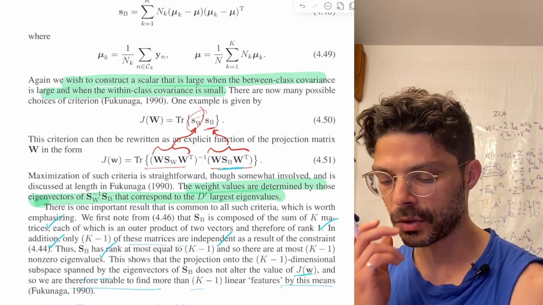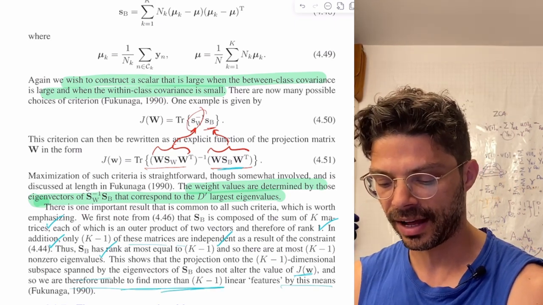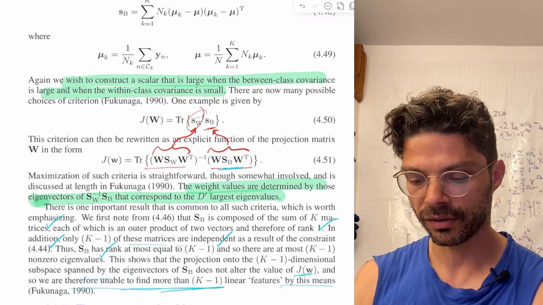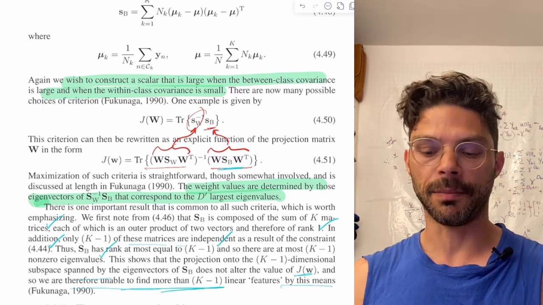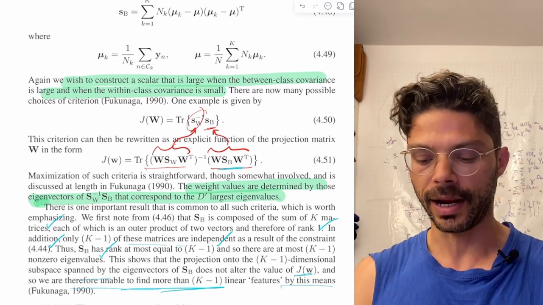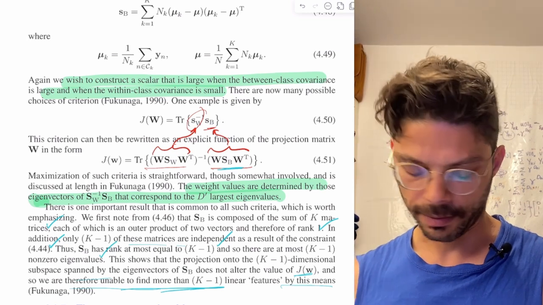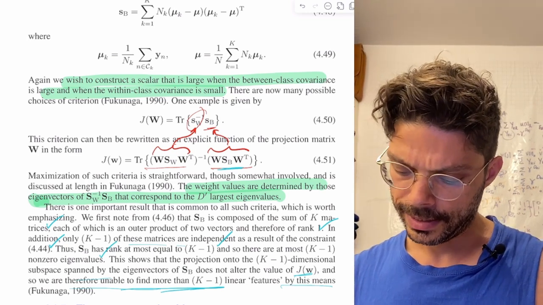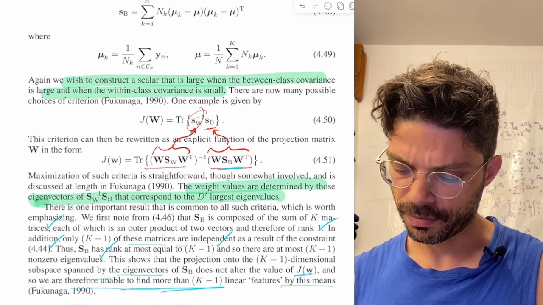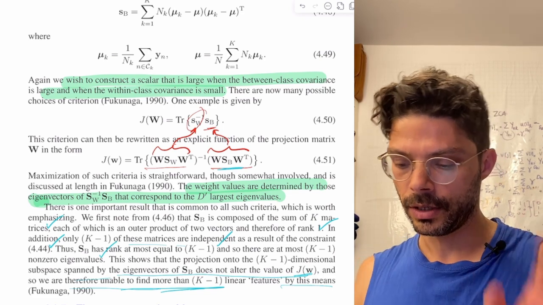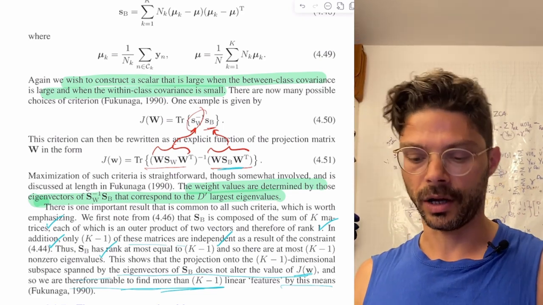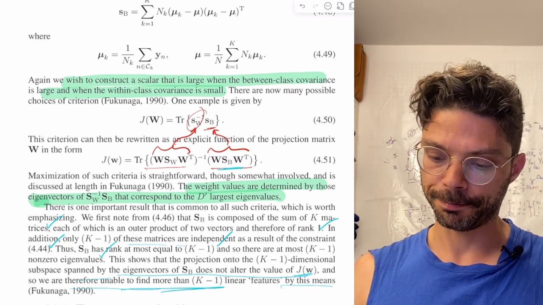I'm not exactly sure what he's, I think I can get this aspect, because beyond that, SB itself is k minus 1 dimensional, so you're going to get at most k minus 1 dimensions and k minus 1 features. But I'm not too sure about this particular statement. So if you guys have a better idea of what he means, just please post in the comments so we can all learn and clarify this point.